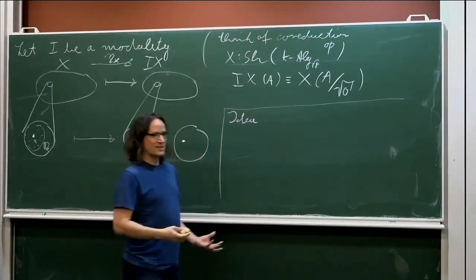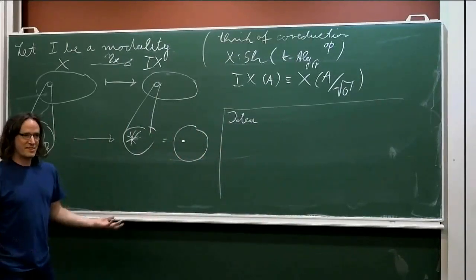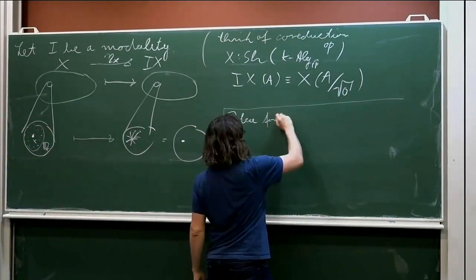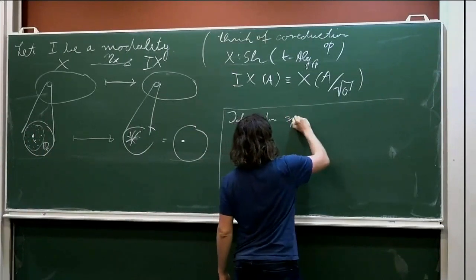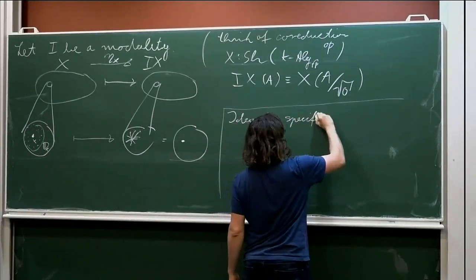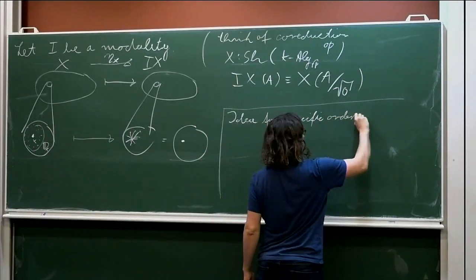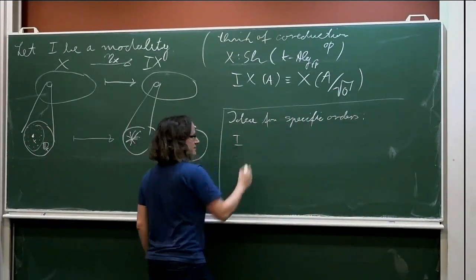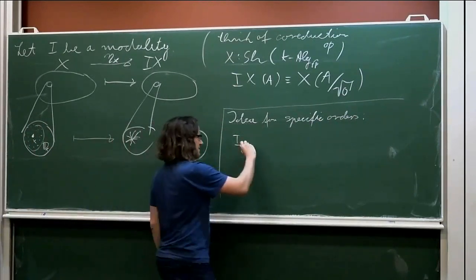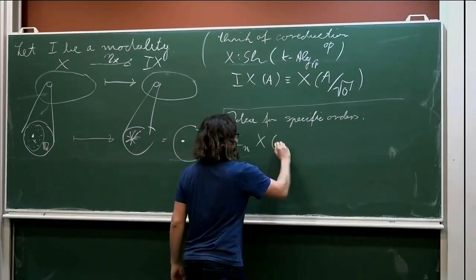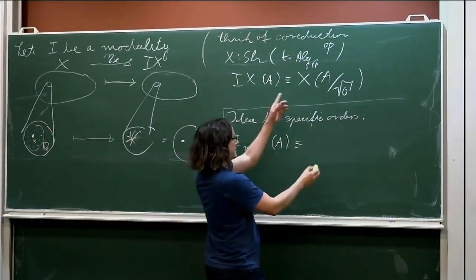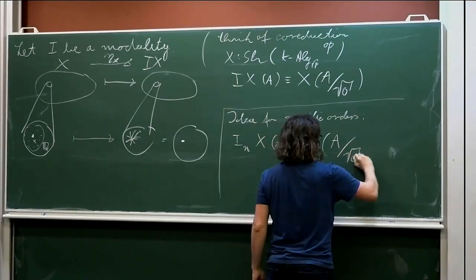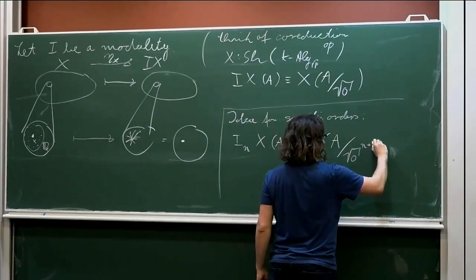Don't take it too seriously. I have computed almost nothing about it. I just assume it works. So the idea for specific orders is you define a sequence of modalities by saying I_n is given pointwise again by modding out the nilradical to n plus 1.